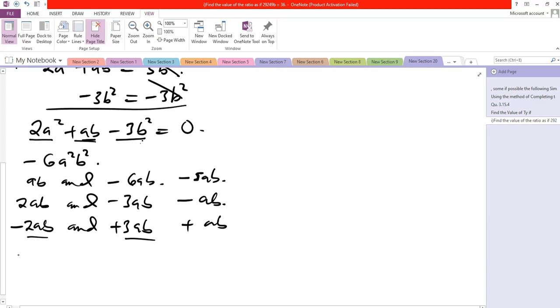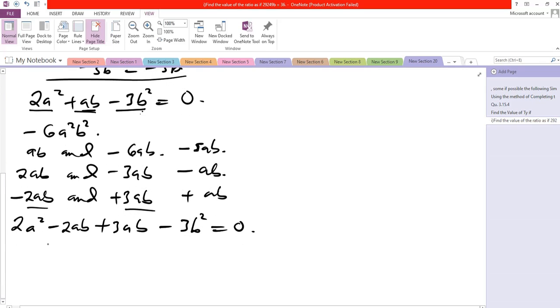So that means our equation will be transformed to 2a square minus 2ab plus 3ab minus 3b square equal to 0. Now when you look at these two terms, what is common to both of them?